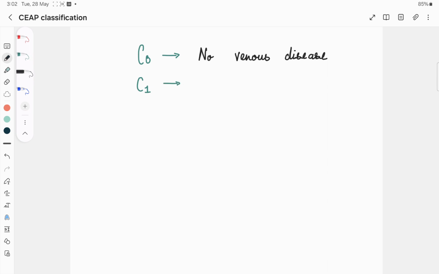C1 would be telangiectasia and reticular veins.